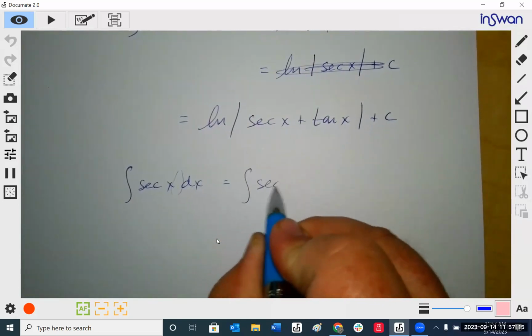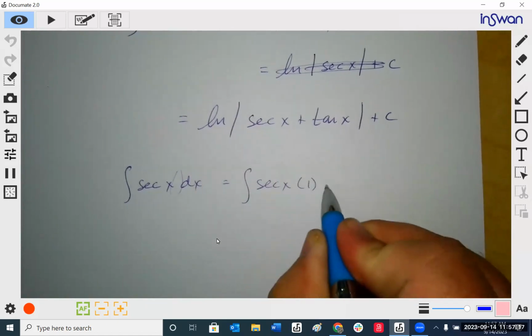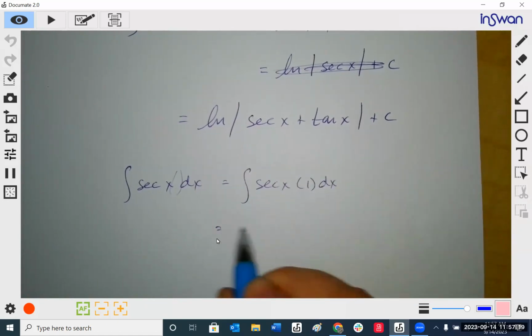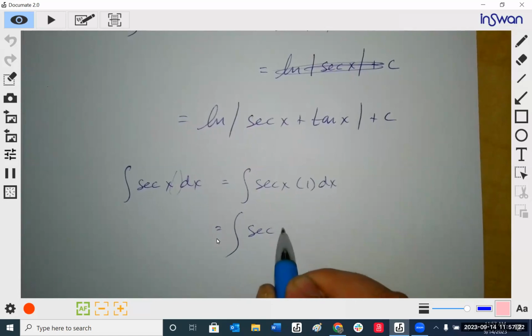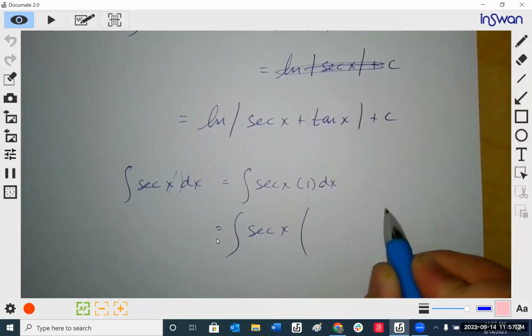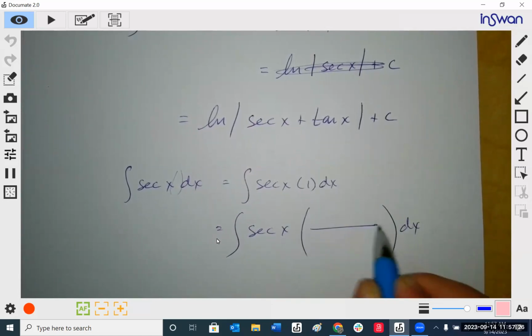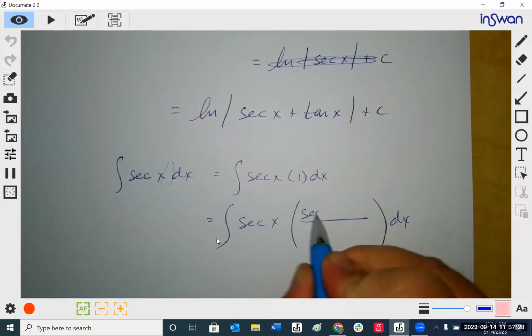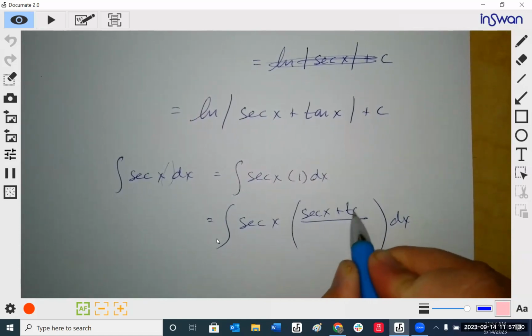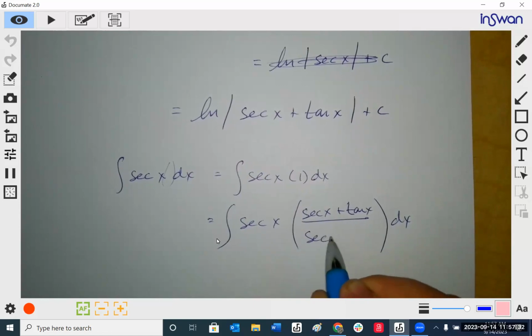So this is secant x times 1. This 1 is actually secant x plus tangent x over secant x plus tangent x.